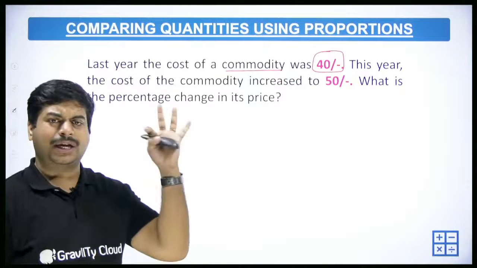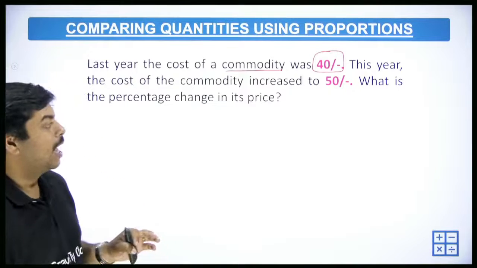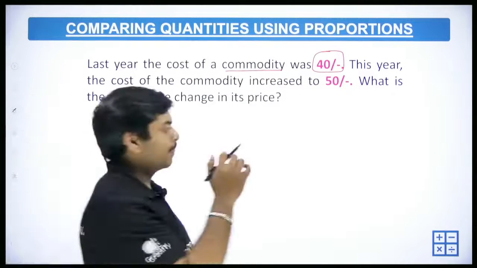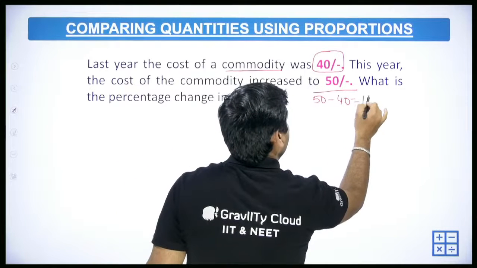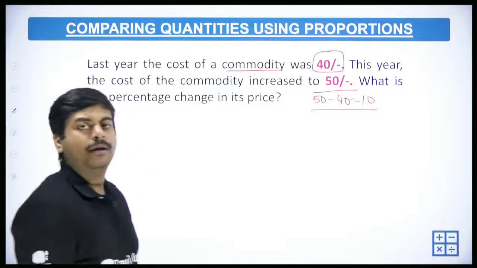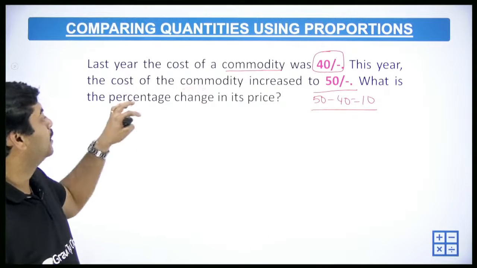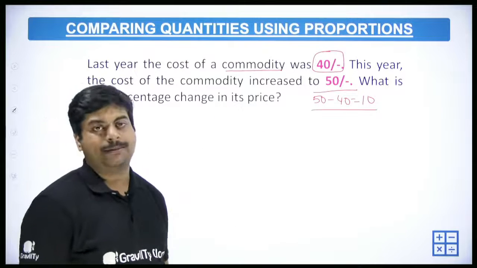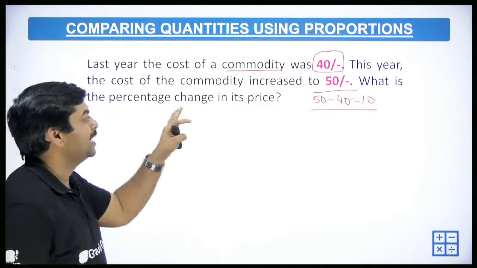So there is some change from 40 to 50. If the question is the difference between the costs, you can directly tell me 50 minus 40 is 10. But what is the percentage change in its price?